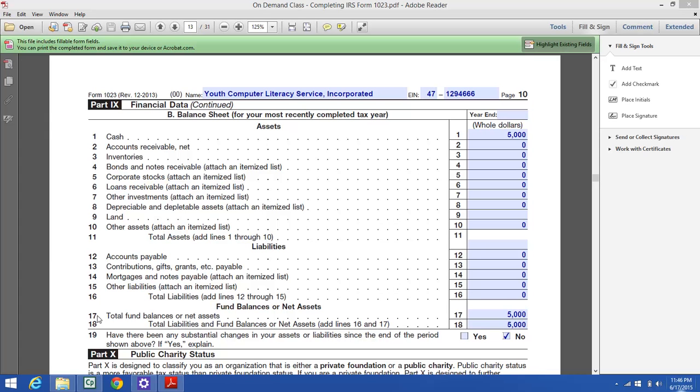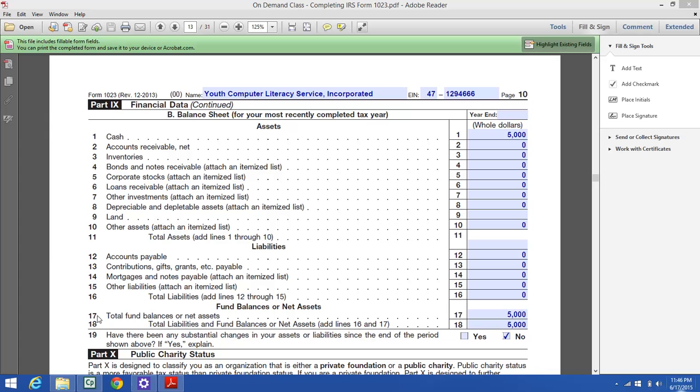Then look at all of the other asset line items to project how much you will have in each of those categories. For this example, the person is projecting that they're going to have $5,000 in cash and no other assets. So the total is $5,000, and they would put $5,000 in line 11.